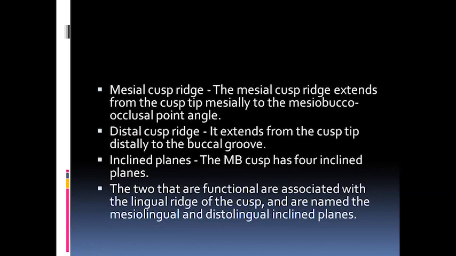Mesial cusp ridge. The mesial cusp ridge extends from the cusp tip mesially to the mesiobuccal occlusal point angle. Distal cusp ridge: it extends from the cusp tip distally to the buccal groove. Inclined planes. The mesiobuccal cusp has four inclined planes. The two that are functional are associated with the lingual ridge of the cusp and are named the mesiolingual and distolingual inclined planes.